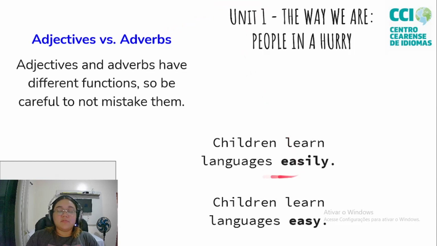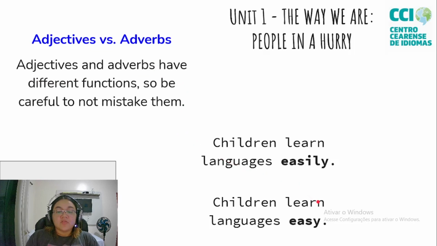Now, here are two sentences: Children learn languages easily. And children learn languages easy. Which sentence is correct and which is wrong? Let's try to answer this question. Adjectives, as I just said, describe characteristics.